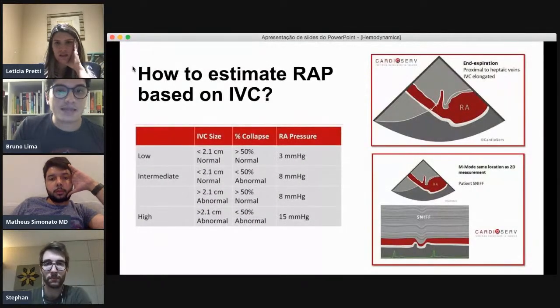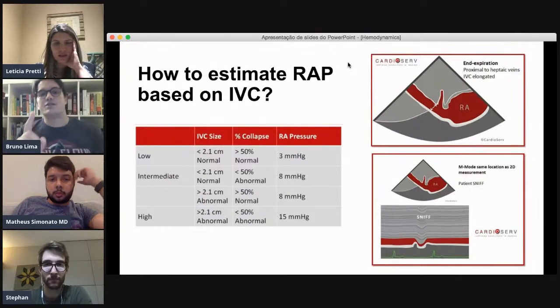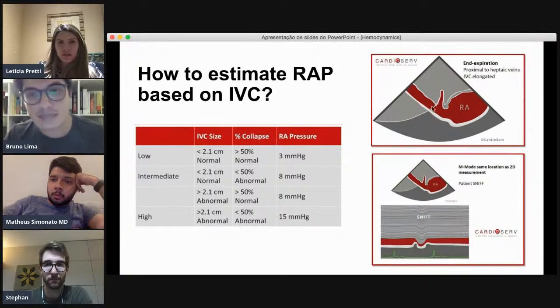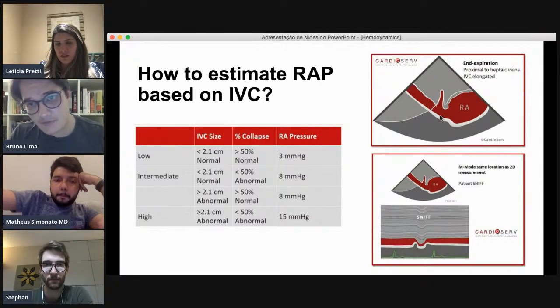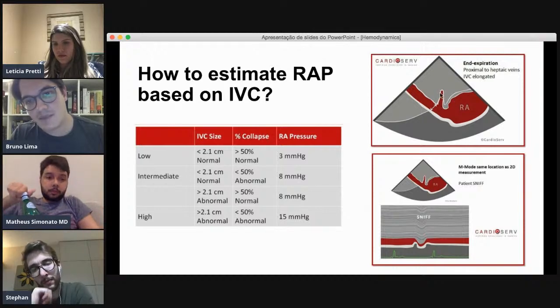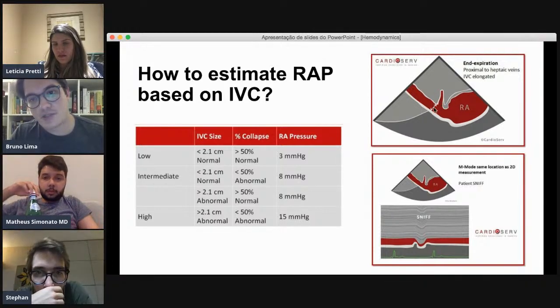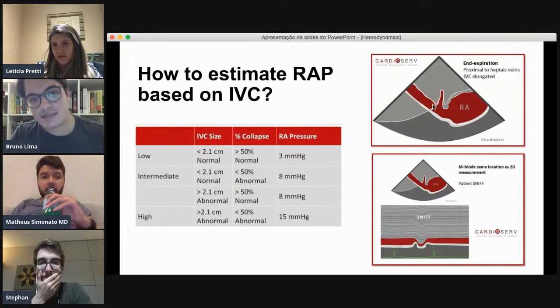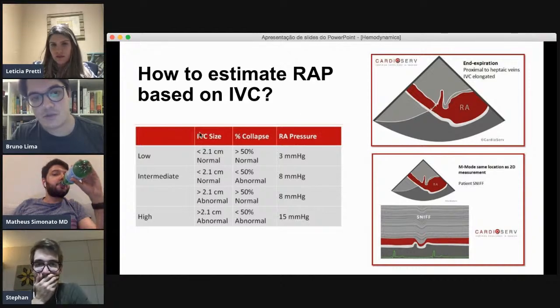Okay, and this is how you estimate the right atrial pressure. So this is a view of the IVC, the subcostal view, just as I told you, connected to the right atrium. This is the hepatic vein. You measure the size here, and the normal size would be below 2.1 centimeters.